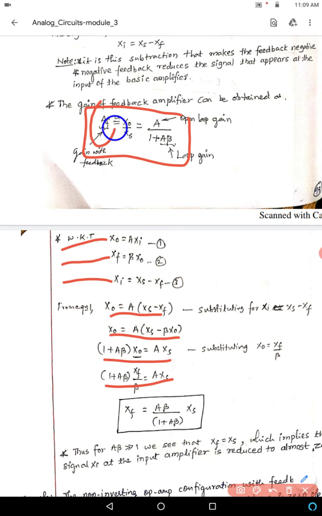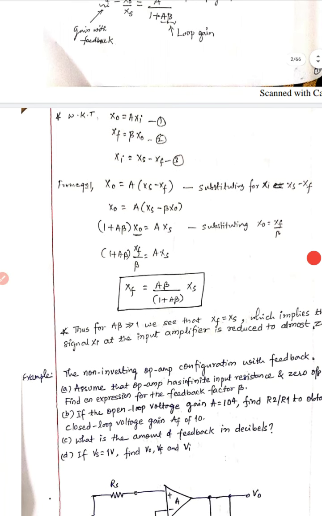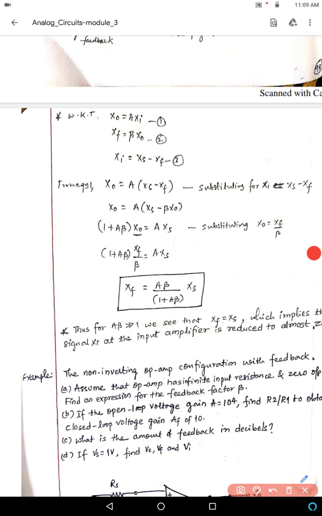That AF is nothing but the gain with feedback, which can be written as the overall output voltage divided by the overall input voltage. That's how we obtain it. That's why the feedback voltage Xf can be written as A beta divided by 1 plus A beta into Xs. Here again Xs is the source voltage, Xf is the feedback voltage.